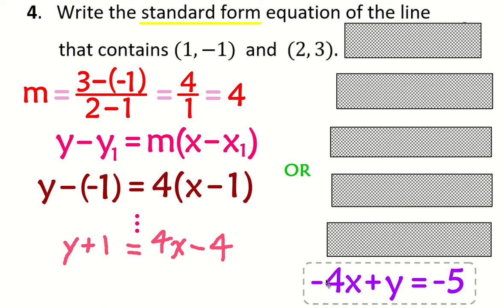So again, the even better answer, which may get you bonus points, is positive 4x minus y equals positive 5. Because again, standard form, you're not really supposed to have any fractions going on, and it's also pretty good manners not to have a leading coefficient here that is negative.